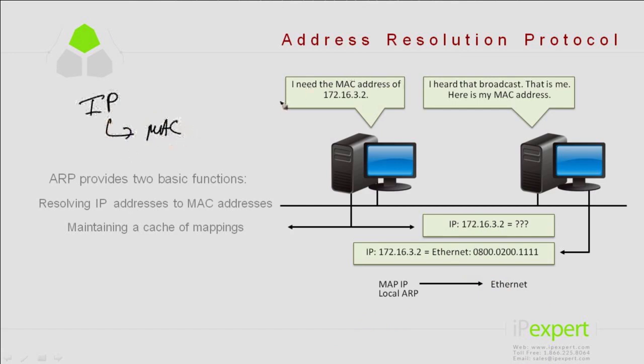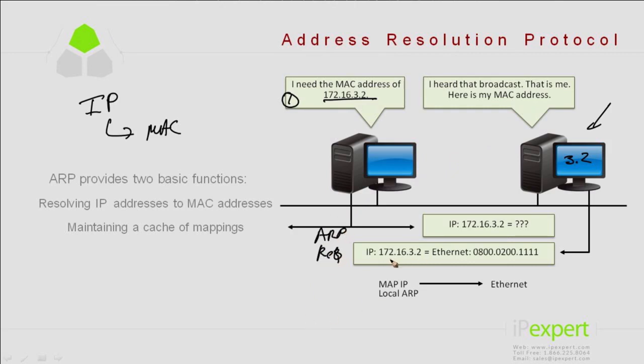So when I go through here, let's look at step 1 of this process. I need the MAC address of whatever computer has the IP address of 172.16.3.2. That just happens to be this guy right here, so I'll just say 3.2. Now when I send this information out, I'm going to send an ARP request out.